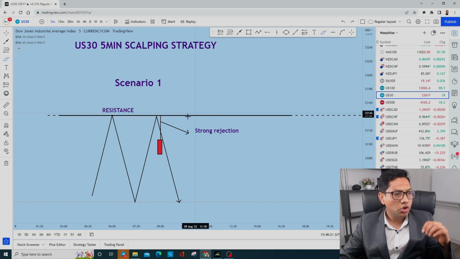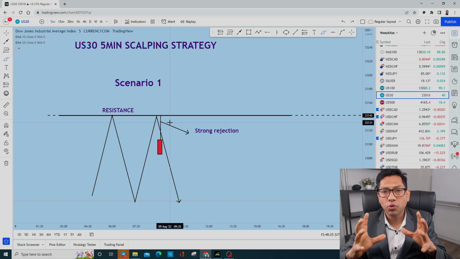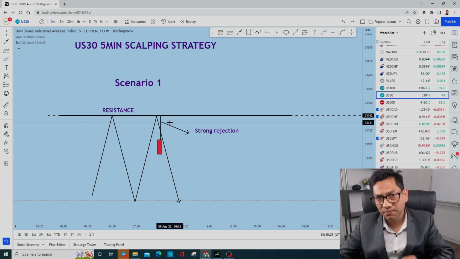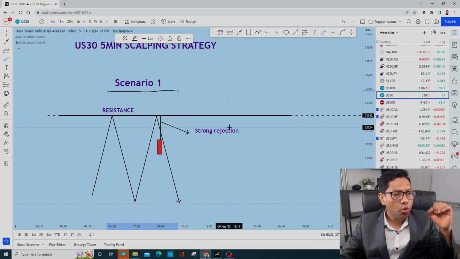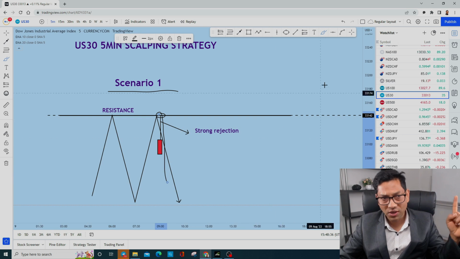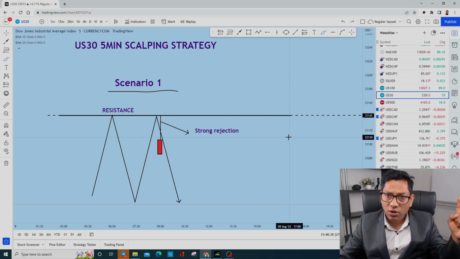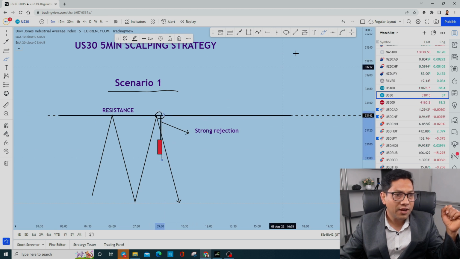It's normal. So with that reaction, there are two possible scenarios. Keep in mind, scenario one is that we could see the price have a strong rejection. Strong rejection can be represented by a strong long wick candle like this one.